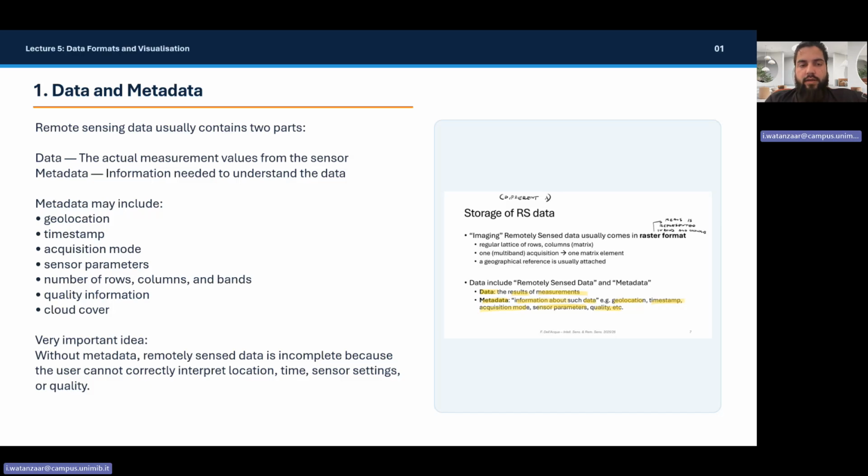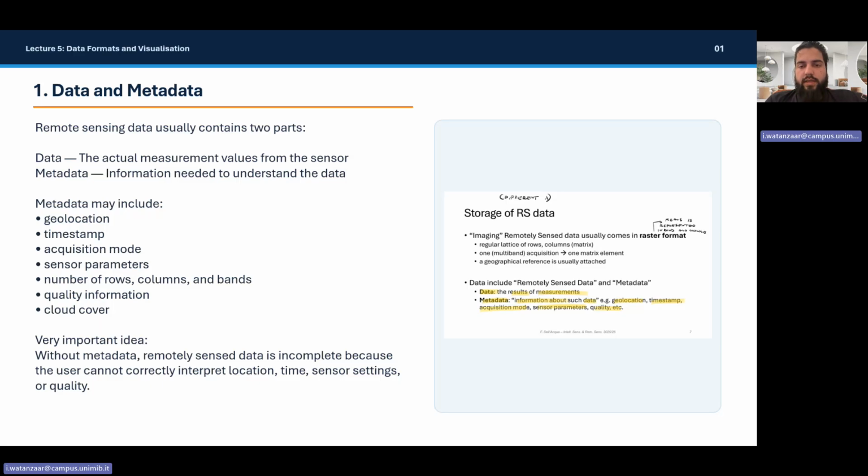These all are mentioned and associated in the metadata. In sensor parameters, what are the parameters of the sensor? Number of rows, columns, and bands, quality information, and cloud coverage. All these things are associated in the metadata when we are sensing the data using the satellite.